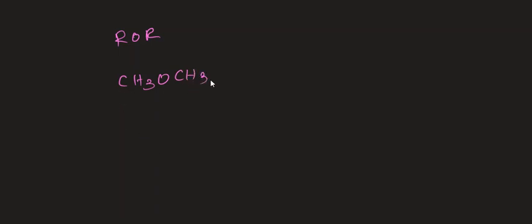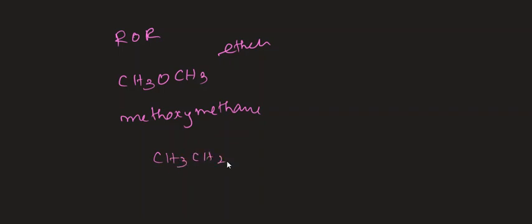So methoxymethane. It should be called methoxymethane. And what is the general compound name? That is ethers. They are called ethers. Dimethyl ether you can call it. Okay. And suppose CH3CH2CH2OCH3. So what about this? This is methoxy, 1, 2, 3, that is propane. So it should be called methoxypropane.